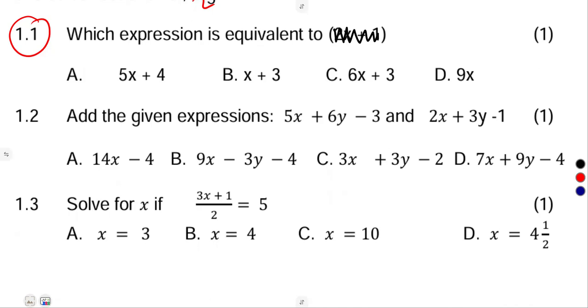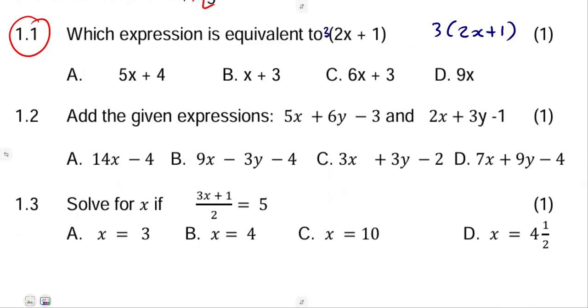The actual part was like this: 3 into 2x plus 1. So there was a 3 here. Anyways, that is what we're given on our question. So which expression is equivalent to 3 into 2x plus 1?